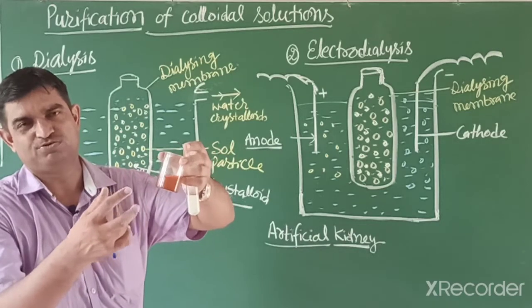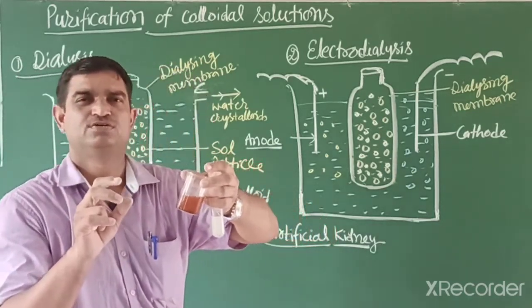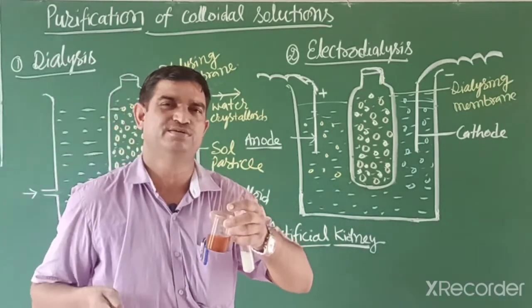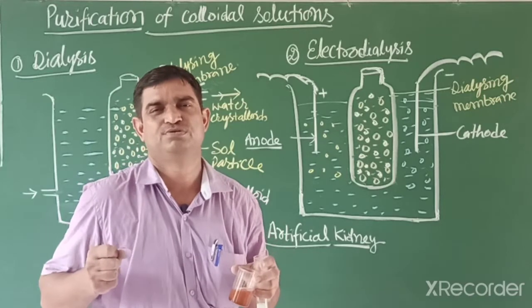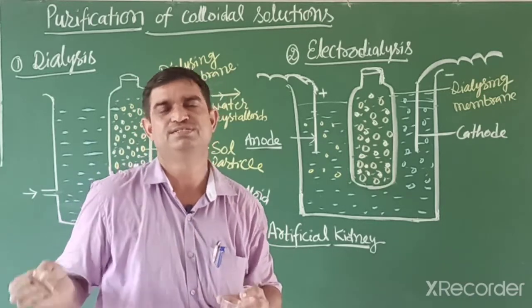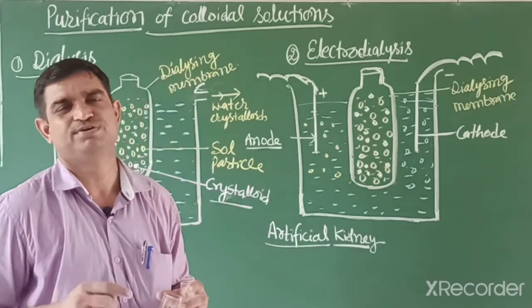This excess electrolyte, crystals or ions, meaning solute particles smaller than 1 nanometer in size, we have to separate out. If the particle size is more than 1000 nanometers, we can easily purify by using normal filter paper, by filtration.